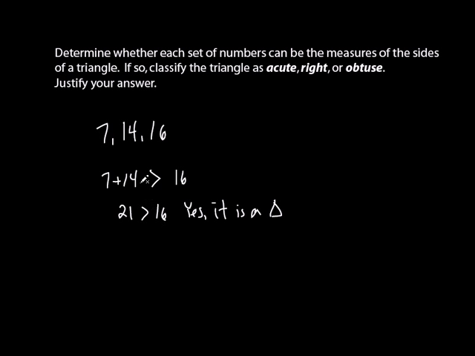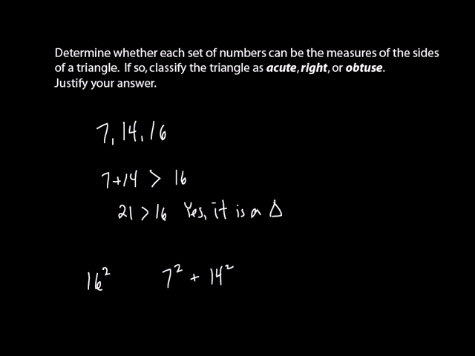Now, how do we do that? We don't just add them together. What we're going to do is take the C, the longest side. Which one is the longest side? It's 16. So I'm going to take 16, square it, and compare it to the sum of the squares of the two shorter sides. That means over here, I'm going to take the two shorter sides, 7 and 14, square them, and add them up.